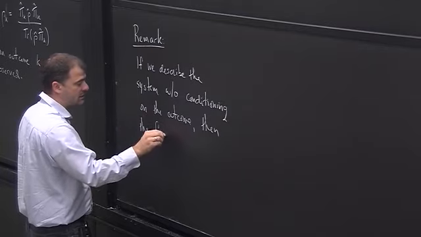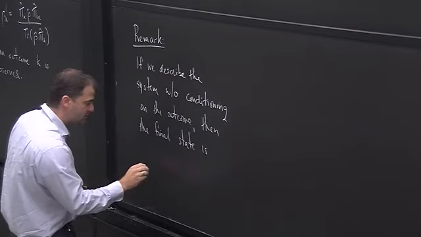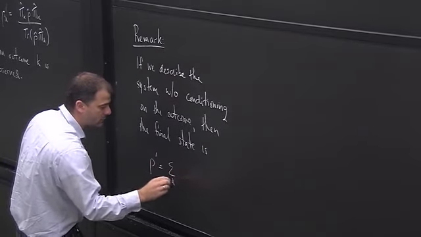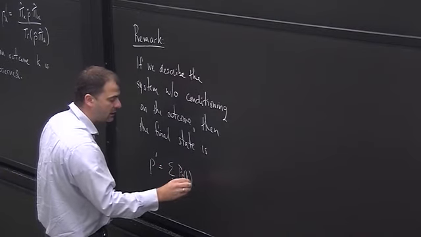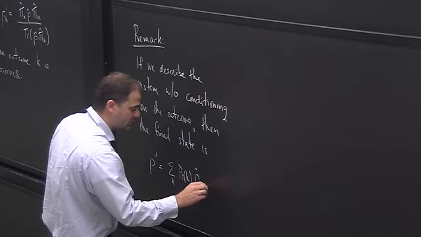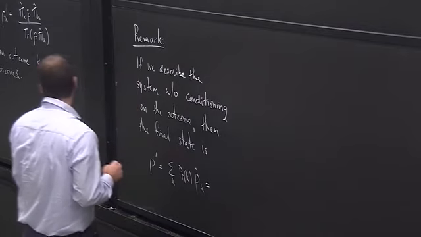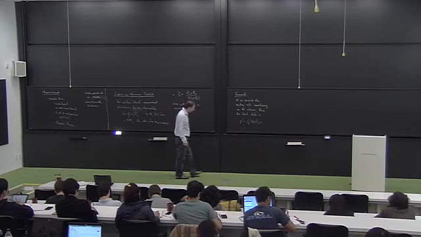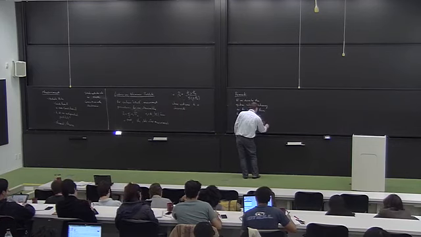the final state is rho prime equal to a sum over k of the probability of outcome k times rho_k, which is just equal to the sum over k of rho_k.